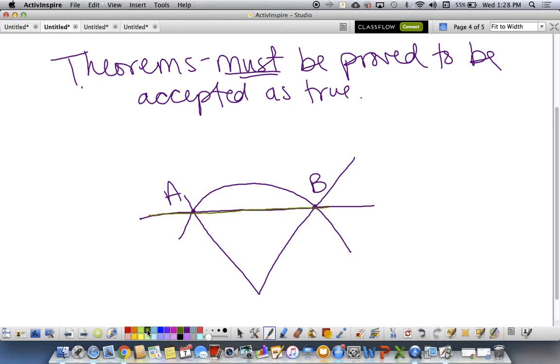You have to know the definition: a line is a straight path. How many lines go through A and B? One. The curve is not a line. This V is not a line. There's one line that goes through points A and B.